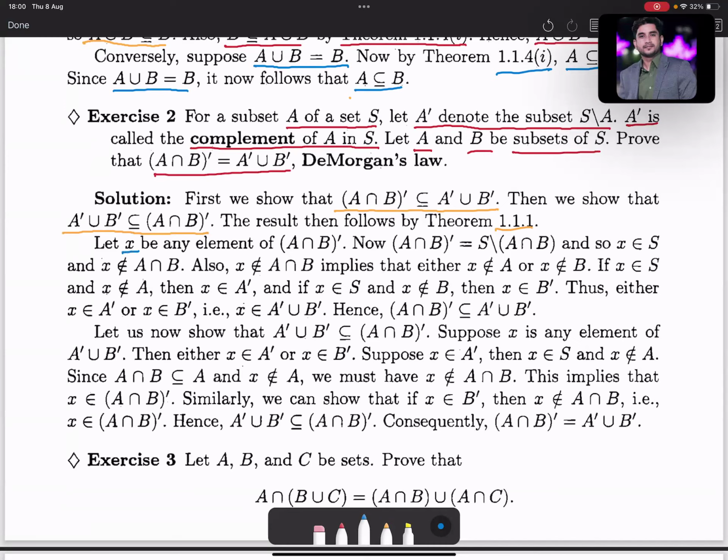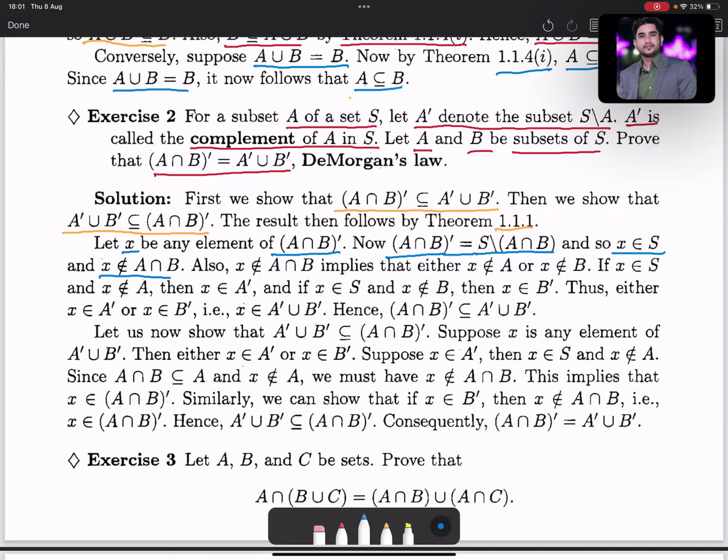Let's take an element x from (A intersection B) whole complement. We know that the complement of the intersection consists of all those elements inside S which are not inside the intersection. So this x is inside S and not inside the intersection.